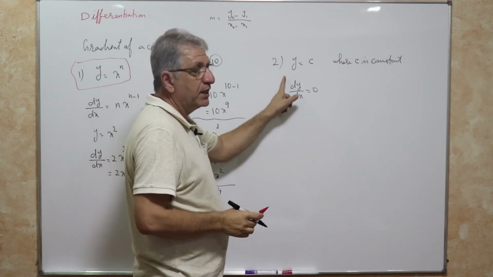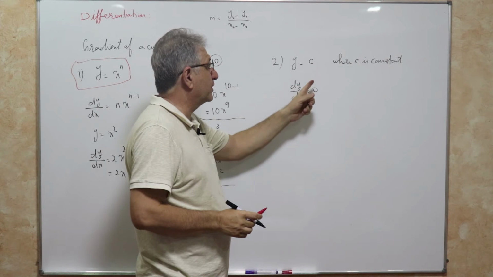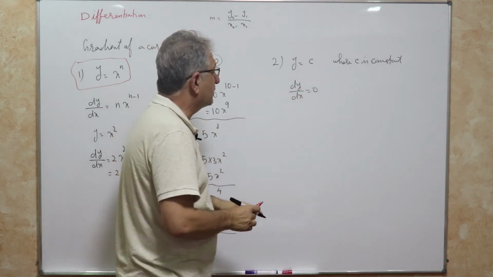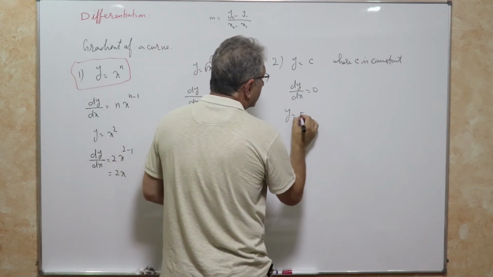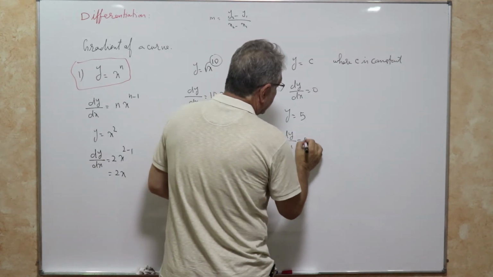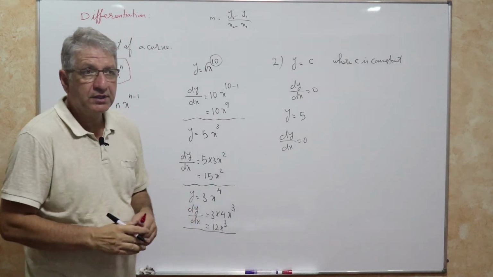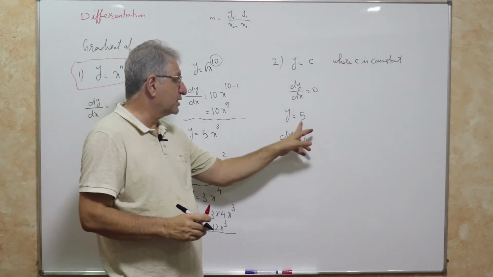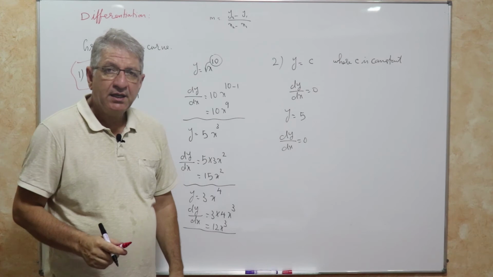Therefore, this value will be 0. Whenever you have a constant number, dy by dx is 0. That means if you have y equal to 5, what is dy by dx? Dy by dx is equal to 0. So, very simple to calculate. Whenever it is a constant number, the answer is 0.